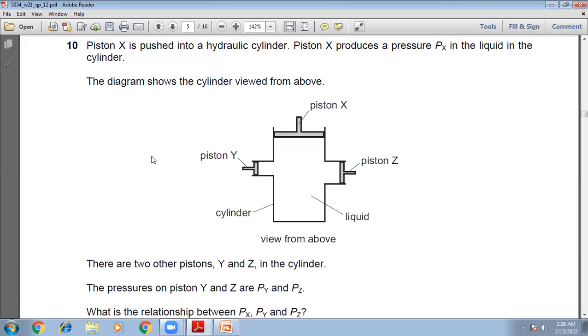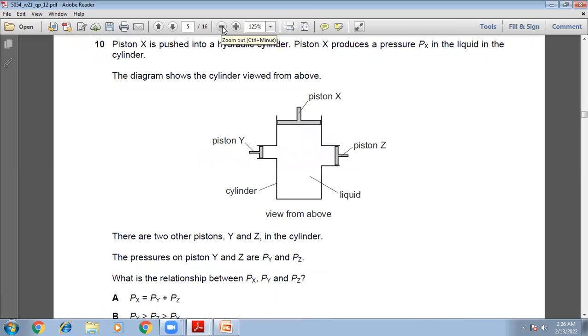Piston X is pushed into a cylindrical hydraulic cylinder. Piston X produces a pressure Px in the liquid in the cylinder. The diagram shows the cylinder viewed from above. There are two other pistons, Y and Z, in the cylinder. The pressures on piston Y and Z are Py and Pz. What is the relationship between Px, Py, and Pz?